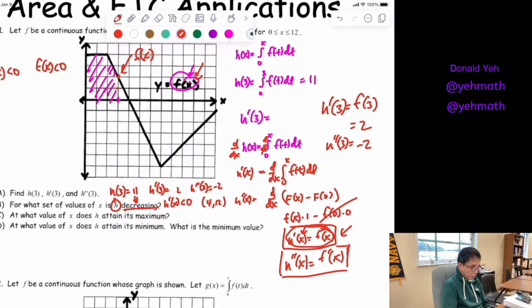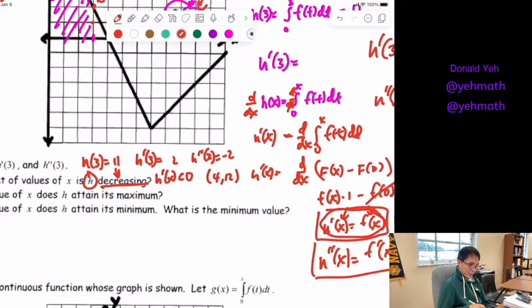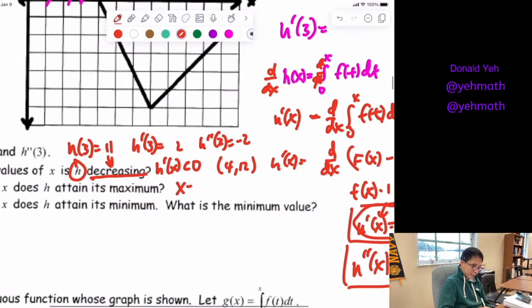Okay. So, what value does h attain its maximum? Alvin? Can you explain to everybody why x equals 4? When h prime of x goes from positive to negative. He's got very good thinking, yes.